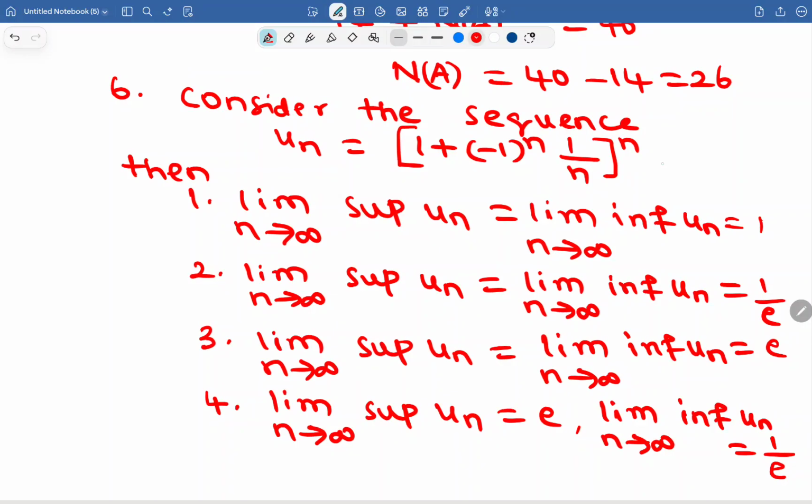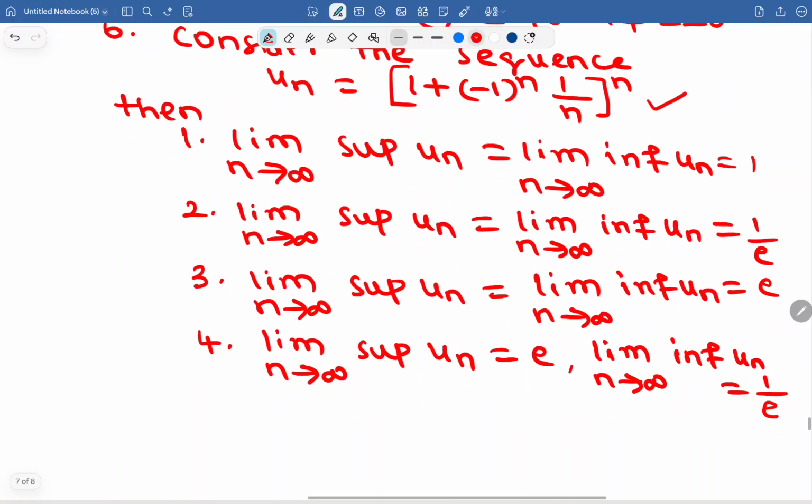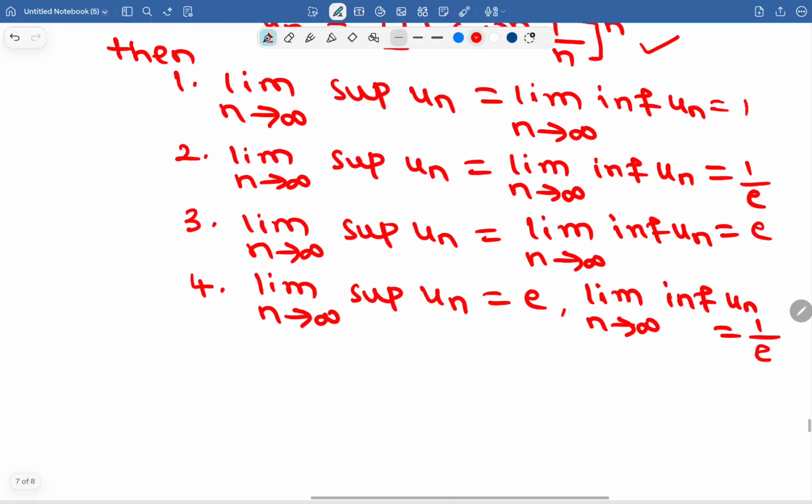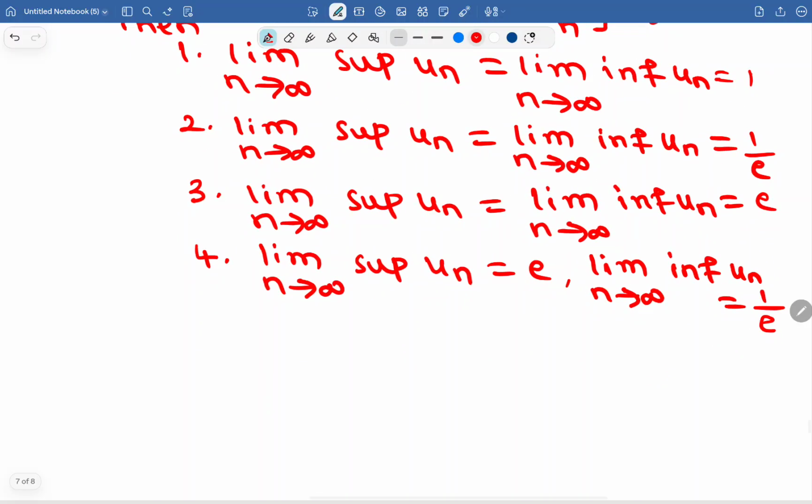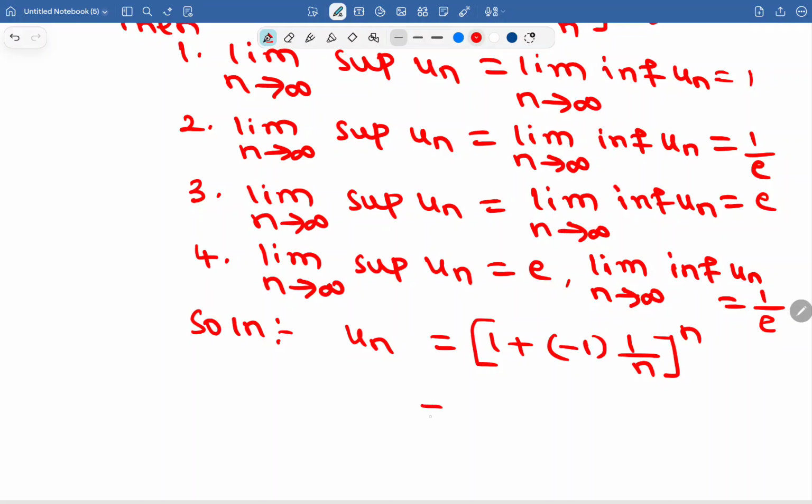Here the sequence is given, 1 plus minus 1 power n, 1 by n power n. We have to find out supremum of u_n and infimum of u_n. First option, both are equal, the value is 1. Second option, both are equal, the value is 1 by e. Third one, both are equal, the value is e. For the fourth one, supremum is e, infimum is 1 by e. Solution, what is given? u_n equal to 1 plus minus 1 into 1 by n power n.